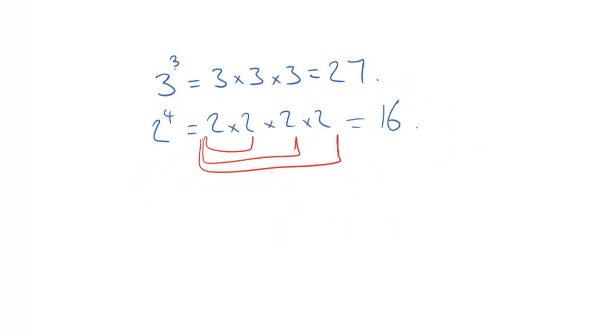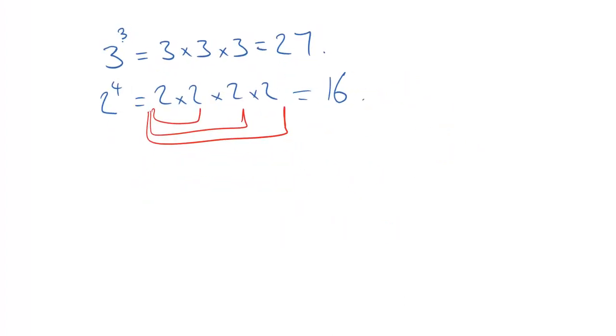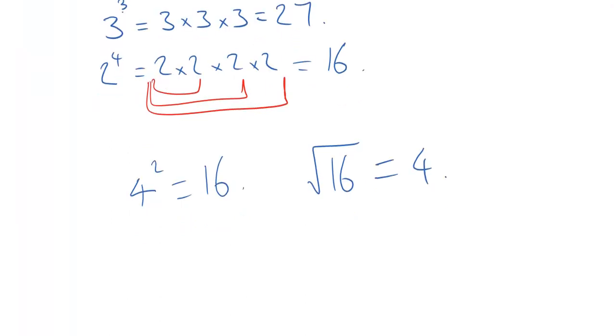Now, as well as doing powers, we can undo these operations as well. Now, if I'm doing 4 squared, which is 16, if I want to undo that, I could take my 16 and square root it to get back to 4. Now, if I wanted to do 4 cubed, well, that's going to be 4 times 4 times 4, which is 64.